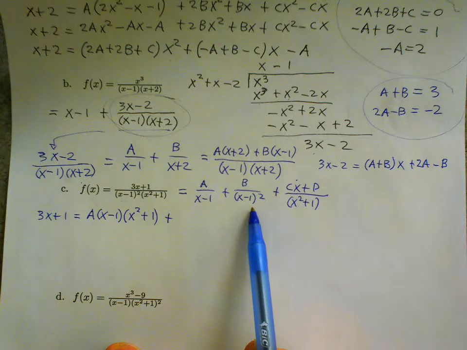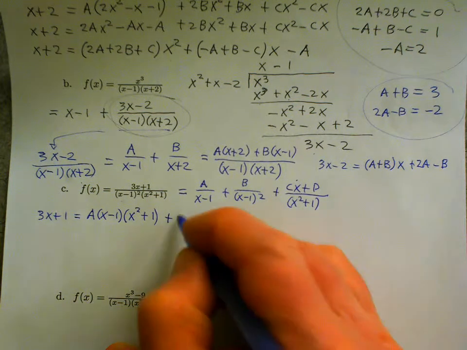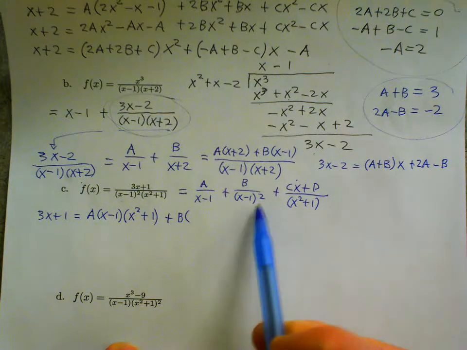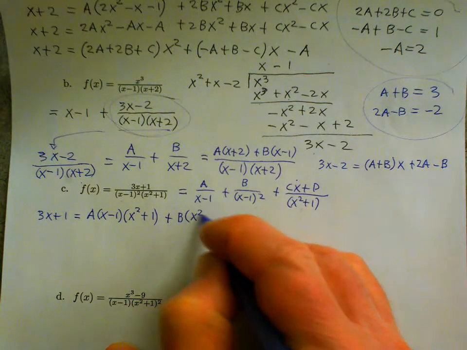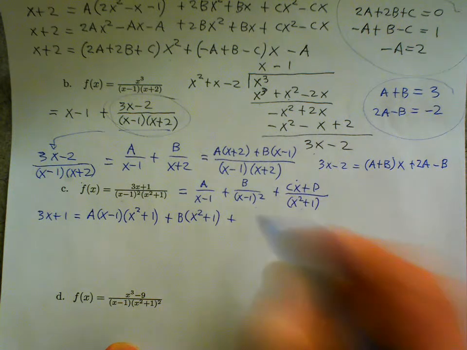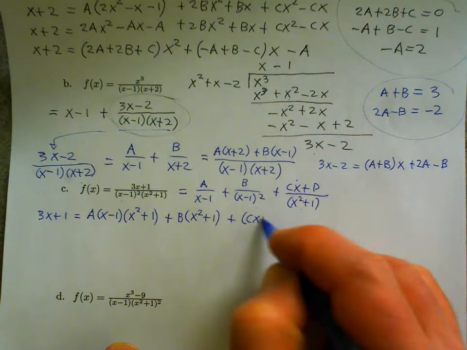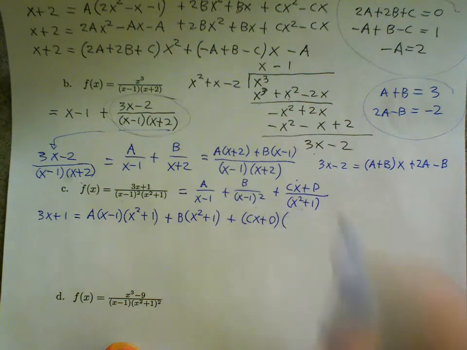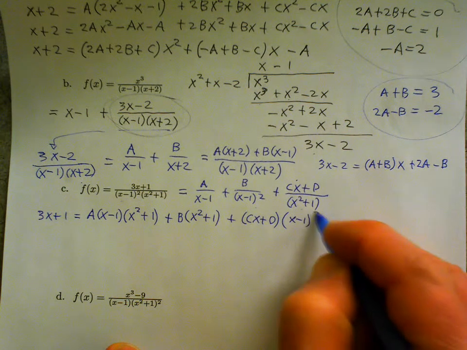And then we have b times just the irreducible quadratic factor. And finally, cx plus d, we have to multiply that quantity by x minus 1 squared.